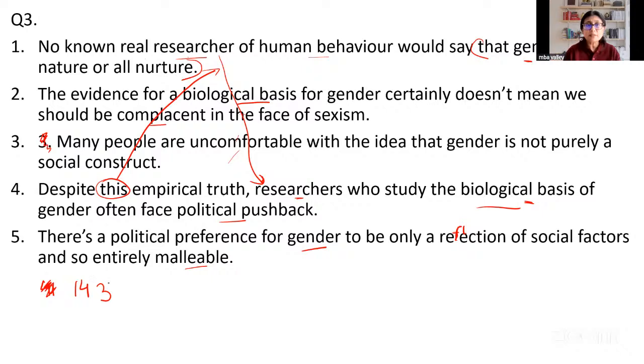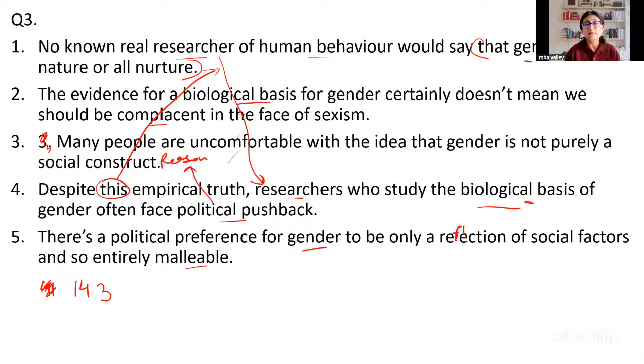So sentence number 3 tells us the reason कि उनको पॉलिटिकल पुशबैक, रिसर्चर्स को पॉलिटिकल पुशबैक मिलता है. क्यों मिलता है? ये 3 में दिया है. 3 उसका रीजन आउट दे रहा है. रीजन ऑफ व्हाट? पॉलिटिकल पुशबैक.